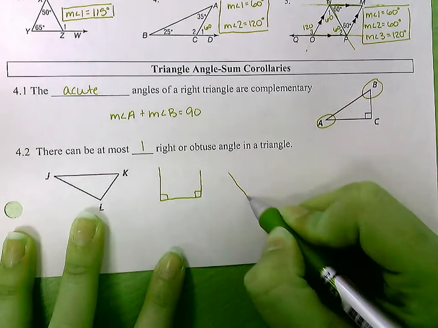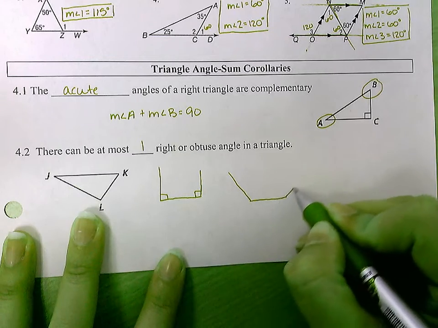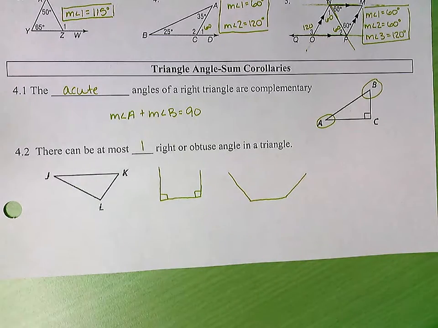If I have two obtuse angles, that also doesn't close, so it doesn't create a triangle. So you can only have one obtuse angle, one right angle. So if you're solving for the last angle in your triangle and one of the angles is already obtuse and somehow you get 100, that is not going to be the correct angle measure. So that's a good way to check that you found that angle measure correctly.